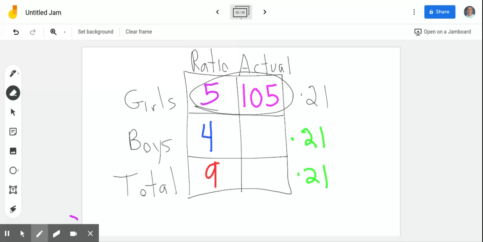4 times 21 is going to give me 84. 9 times 21 is going to give me 189. And you guys can add these columns up. We know 5 plus 4 equals 9. And then 105 plus 84 gives me 189.